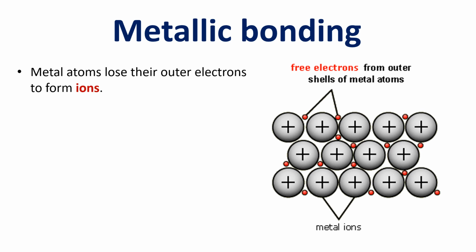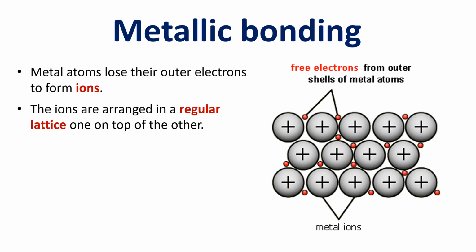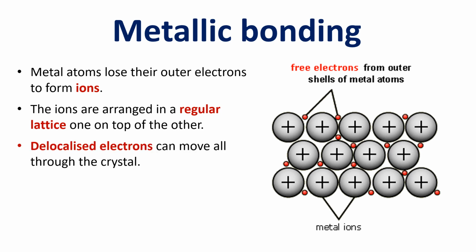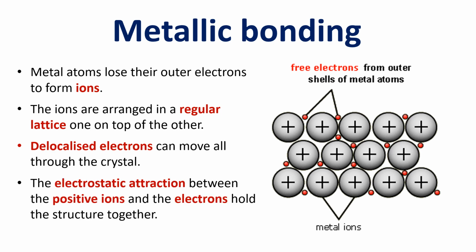Metal atoms lose their outer electrons to form ions. The ions are arranged in a regular lattice, one on top of the other. Delocalized electrons can move all through the crystal. The electrostatic attraction between the positive ions and the electrons holds the structure together.